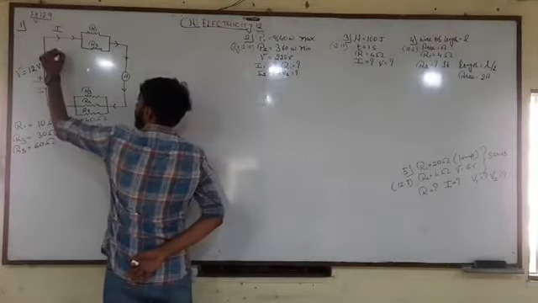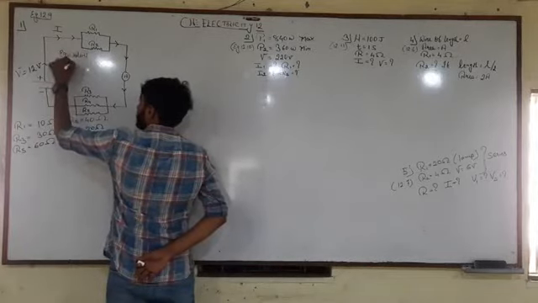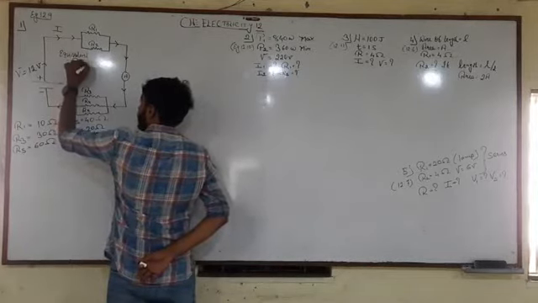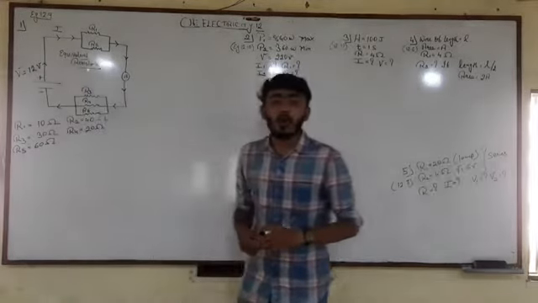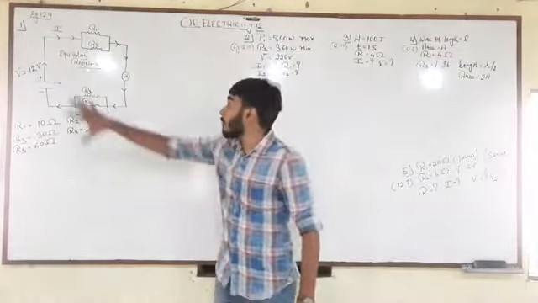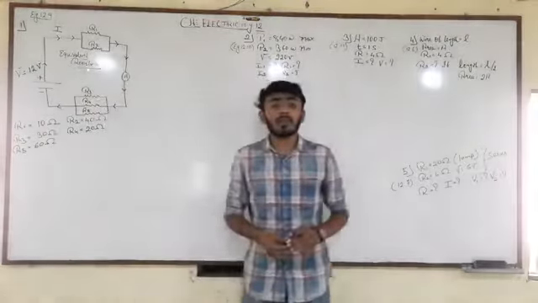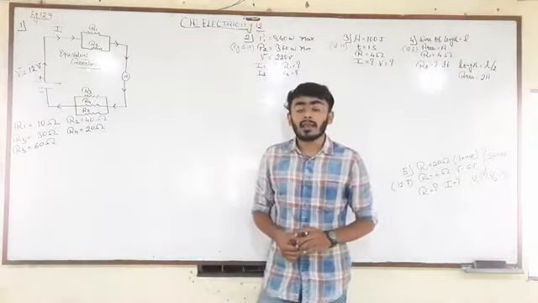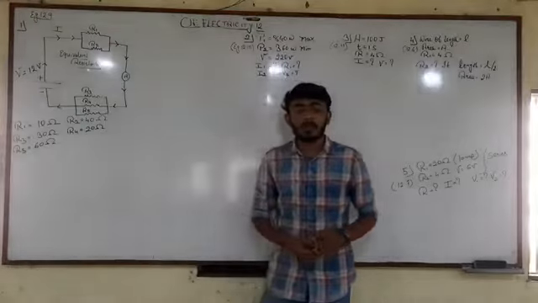We need to find the equivalent resistance, which stands for the resistance which is common to all. That means we need to solve the electric circuit. Now please pay attention over here.